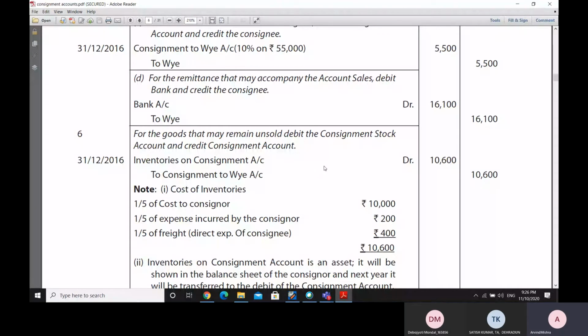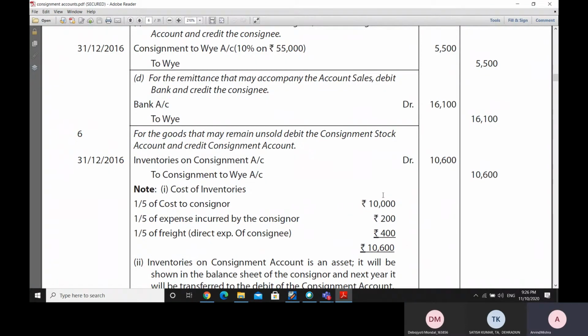The inventory which is remaining unsold is the 1/5 of the total inventory that was there. So 1/5 of the cost was 10,000 rupees, and then 1/5 of the expenditure on packing 200 rupees, 1/5 of the freight of 2,000 rupees, 400 rupees.